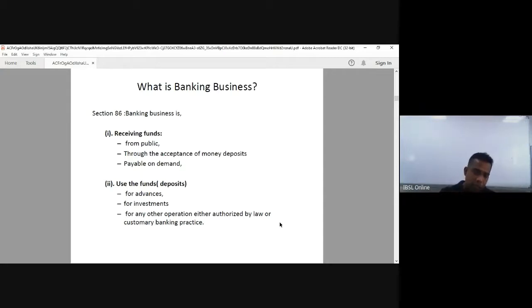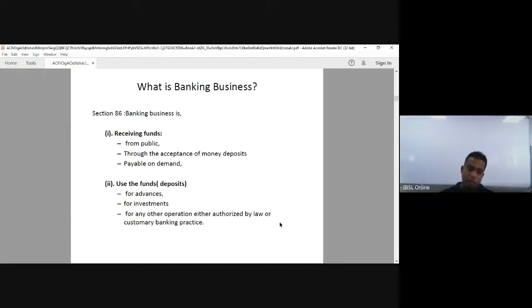That is covered under this last part. If that activity is not illegal, that means if it is recognized under the law, or if the transaction is recognized under banking practice. Example, an overdraft transaction. We are lending money to the customer.